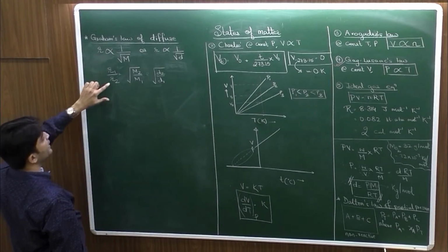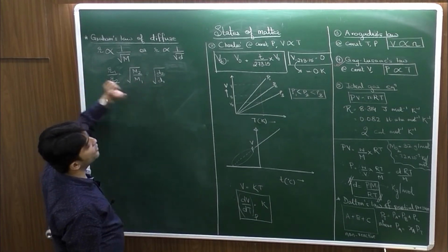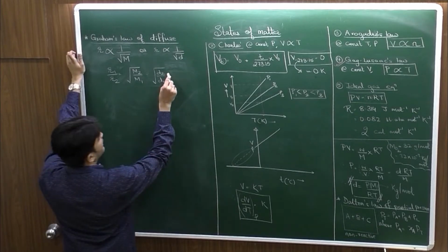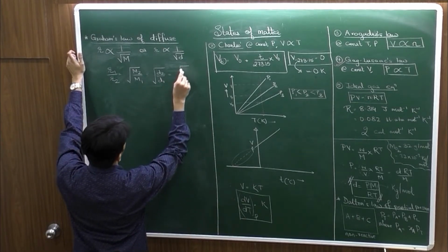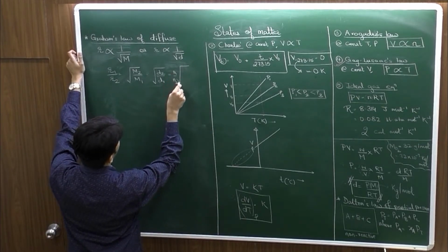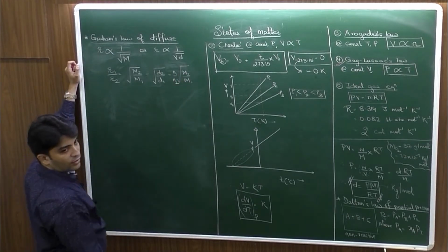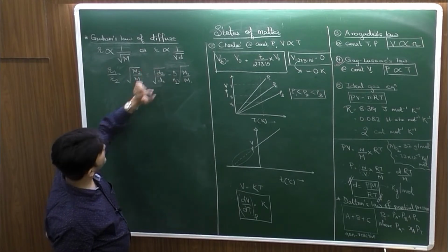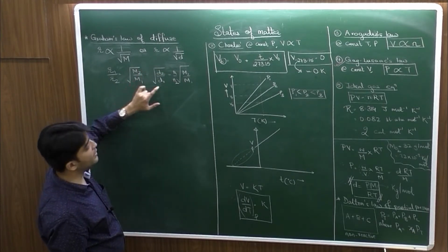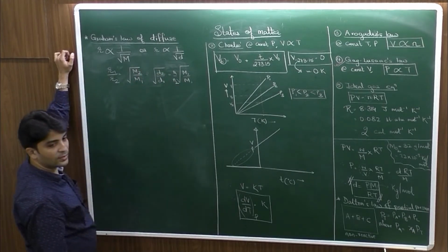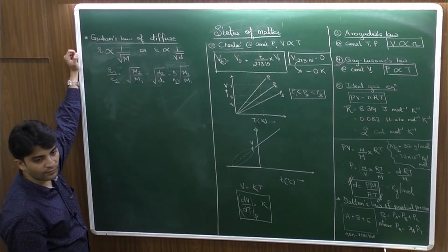Okay, so R1 by R2 is root of M2 by M1 or root of D2 by D1. If the number of moles are different, then it will be n1 by n2 into root of M2 by M1. If the number of moles are assumed to be the same, it reduces to this.